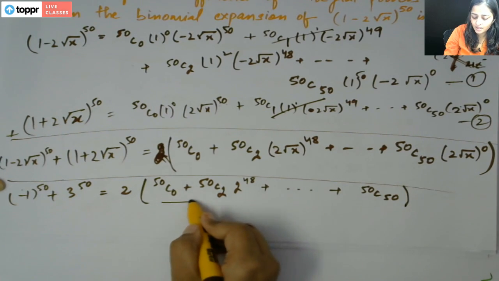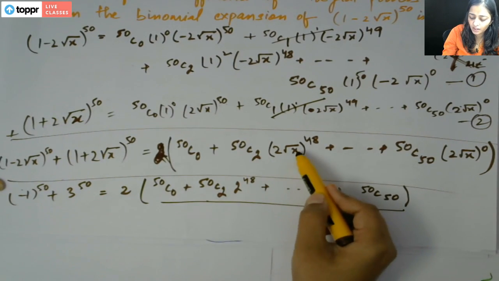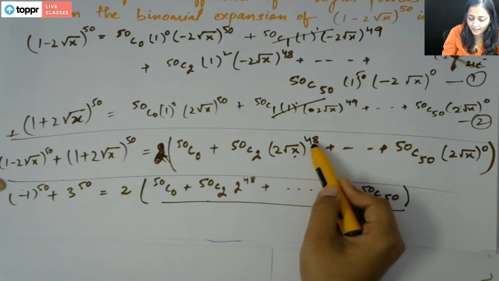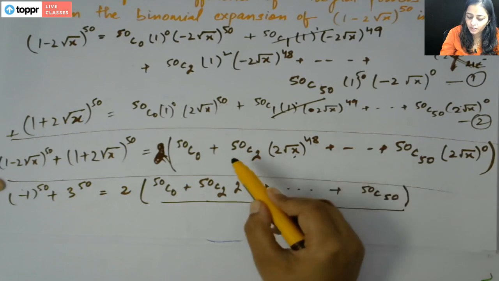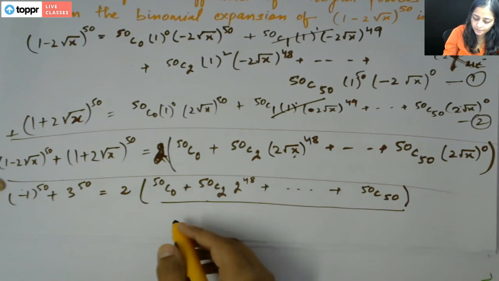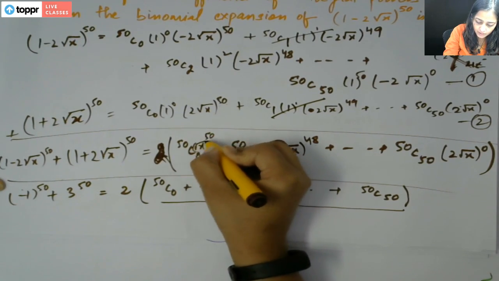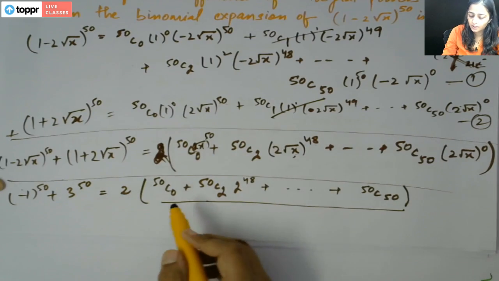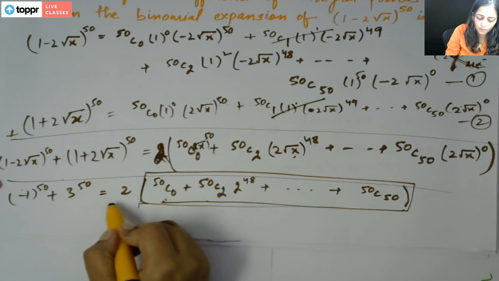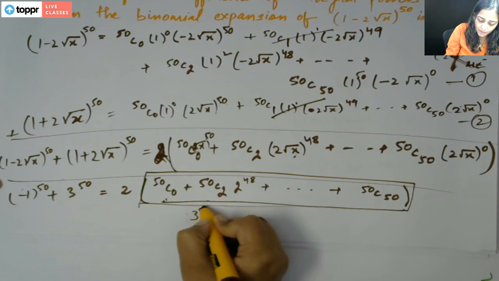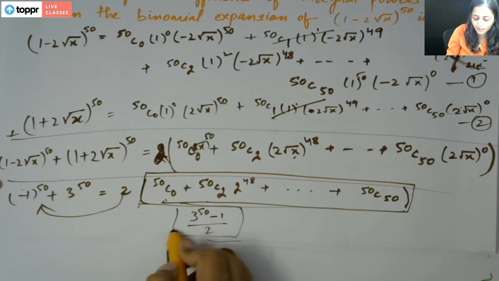And we have to find the sum of these terms only, because all these are the coefficients of integral parts of x. Like I'll get here x raised to power 24, in the next term x raised to the power 23. So all these are integral powers of x. So we have to basically find the sum of this quantity, which will be equal to 3 raised to the power 50 minus 1, divided by 2. This 2 will come down here. So this we get as the answer.